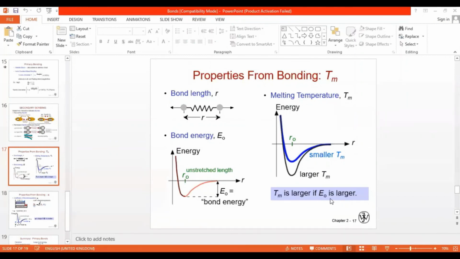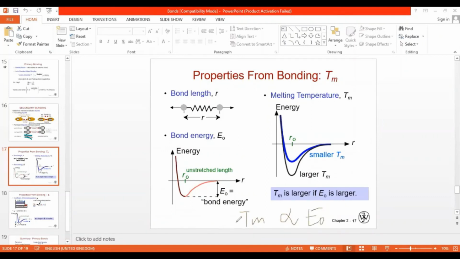Tm is larger if E naught is larger. When E naught keeps getting larger, the melting temperature Tm will also keep increasing. In other words, melting temperature Tm is directly proportional to bond energy E naught.